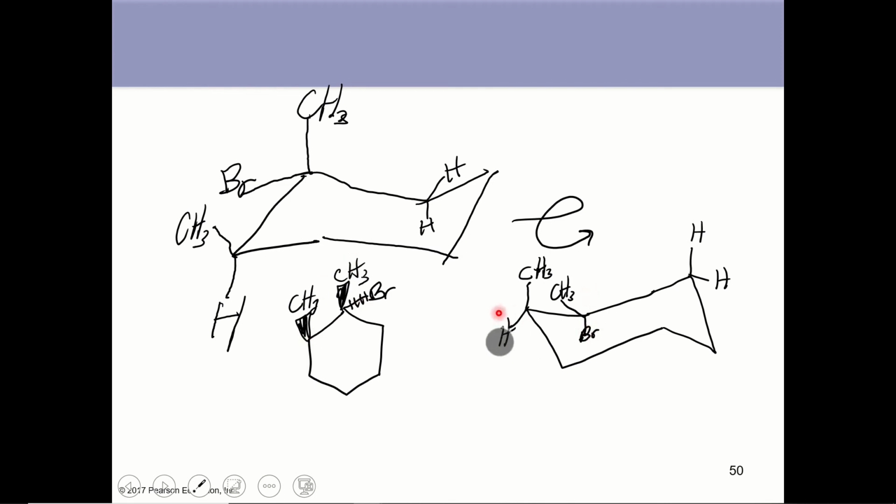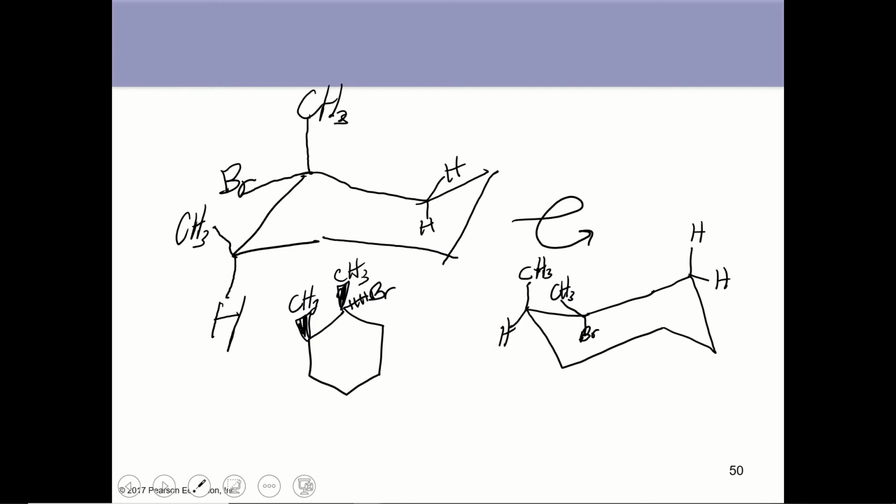In this case, when the two methyl groups are cis, then if you draw the cyclohexane ring, what you see is that the hydrogen on the position here will never be eliminated to give the alkene because they'll never be anti.